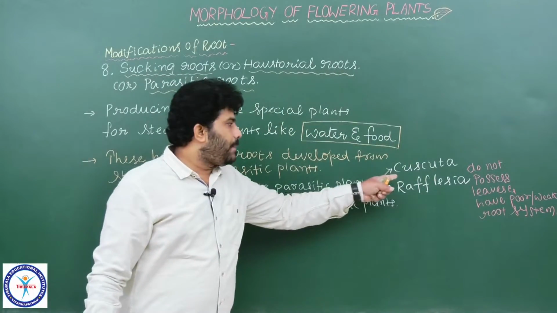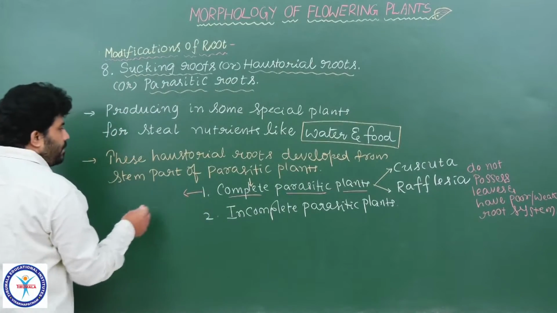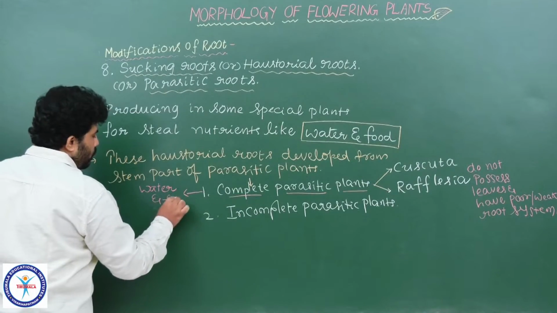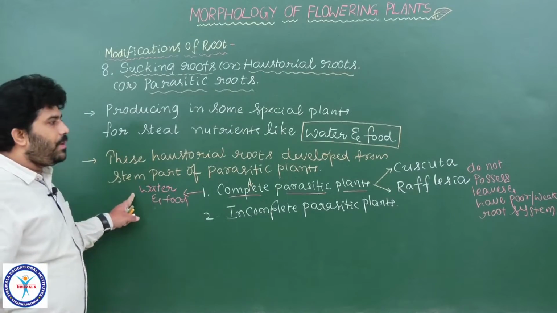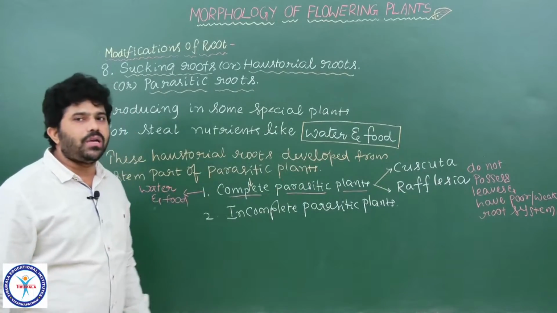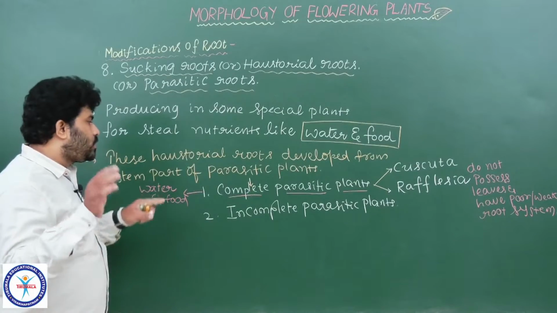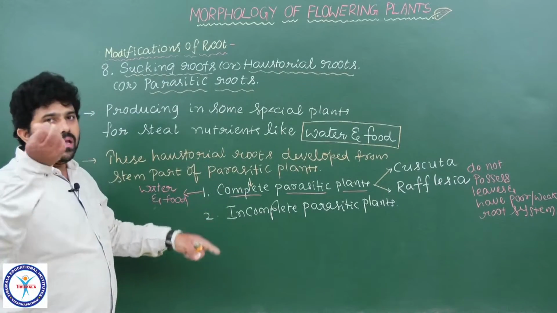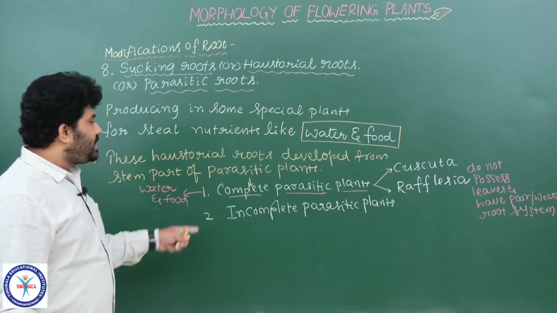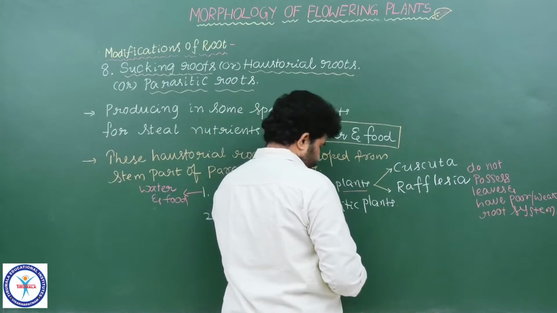That's why, for getting nutrients, they steal from the host plant water and food. Water is generally absorbed by the roots, but the roots are not well developed. Food is prepared by the leaves, and leaves are also not well developed in these two types of plants. That's why for complete nutrients they depend on the host plant. By the haustorial roots they steal the nutrients. That's why these plants are called complete parasitic plants. The best exemplary plants for complete parasitic plants are Cuscuta and Rafflesia.